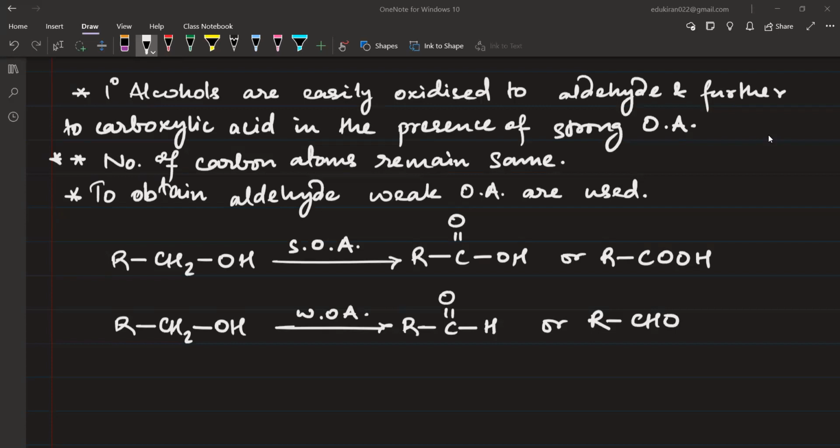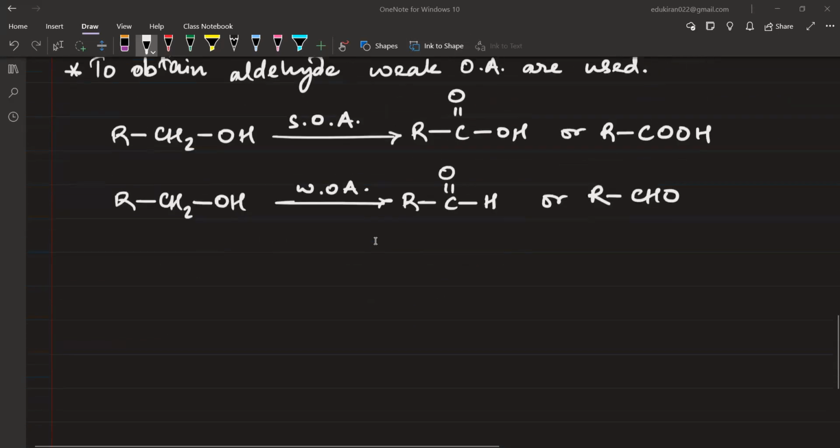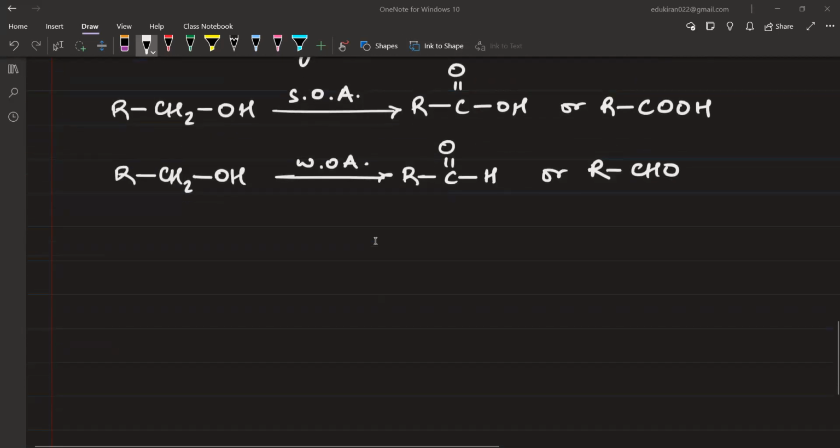You will see primary alcohol, and then you will see whether it is weak oxidizing or strong oxidizing. If it is strong, carboxylic acid. If it is weak, then aldehyde. Done. All of you wrote this down? Check. Let us write some questions.